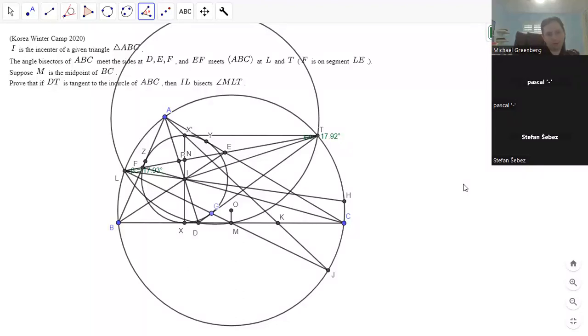So I wonder. A lot of interesting observations. Yeah, MLT is just MBT.